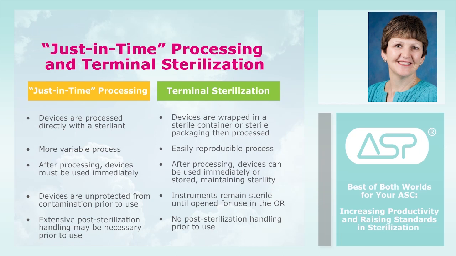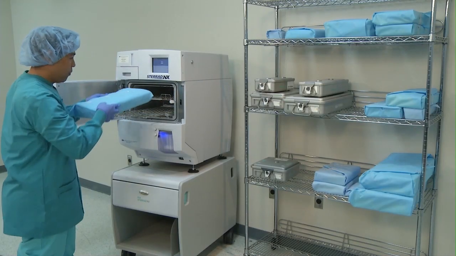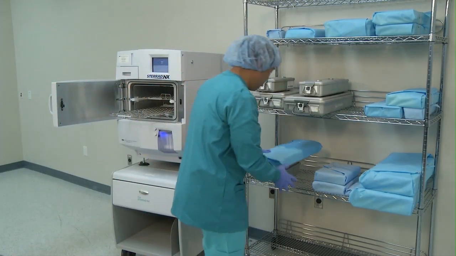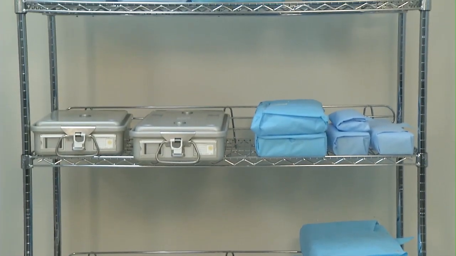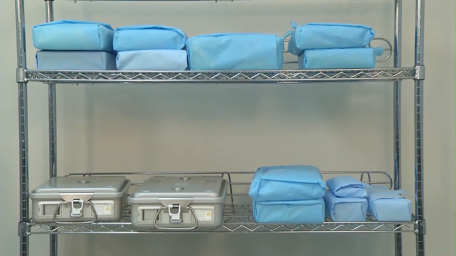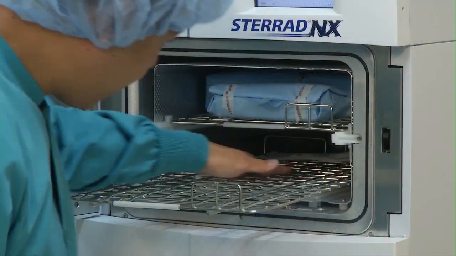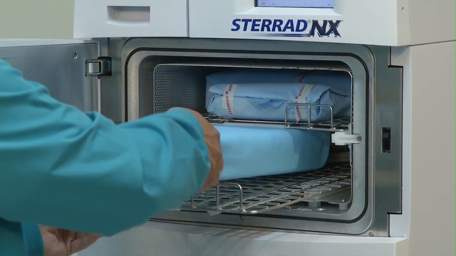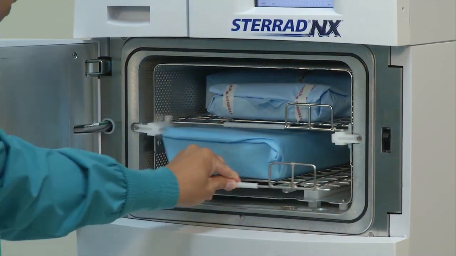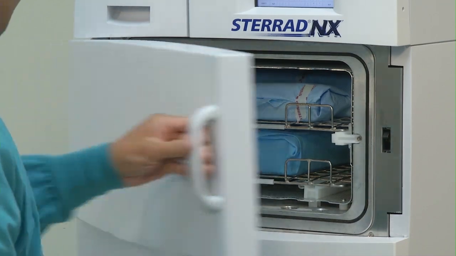Storage reduces immediate preoperative preparation and increases productivity because devices can be sterilized in advance, helping to minimize common reprocessing cancellations or failures on the day of surgery that are common with just-in-time processing. Terminal sterilization with the STERRAD Annex system allows you to transport the instruments to an operating field without contamination.